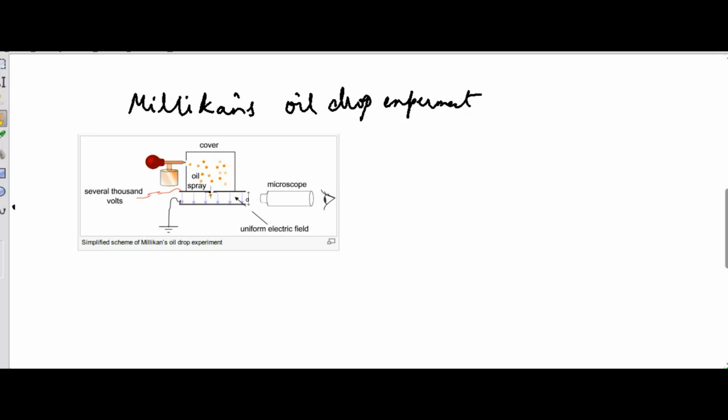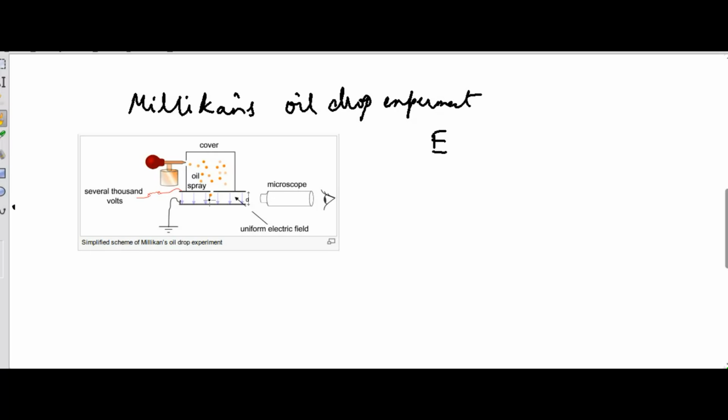So now these charged droplets are falling through this plate, and I can control the electric field in this region. E can be controlled so that the oil drop remains stationary and does not fall down. So how can we do that?